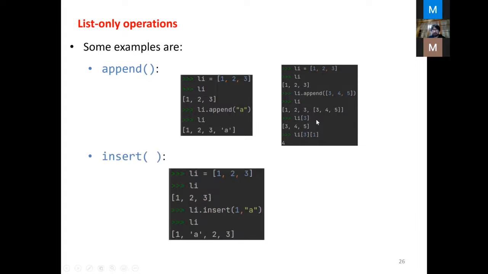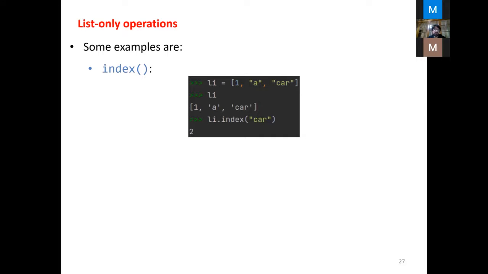Okay. Then similarly, we have insert. Instead of putting the element at the very end, you can specify in which position you want to put the element that you're inserting. So for example, here I'm inserting A in index 1.